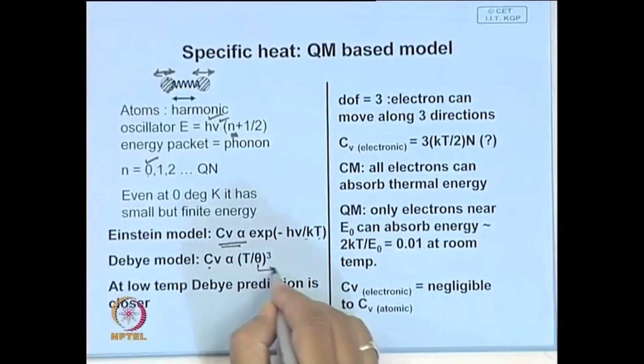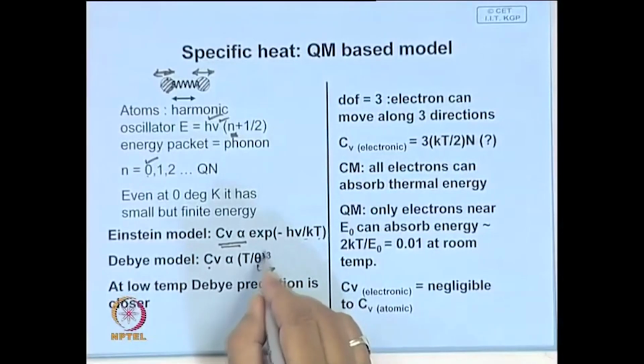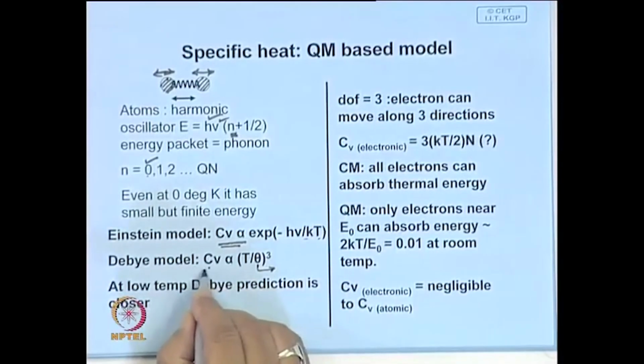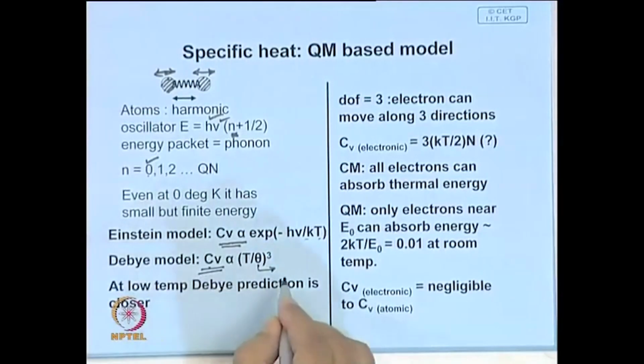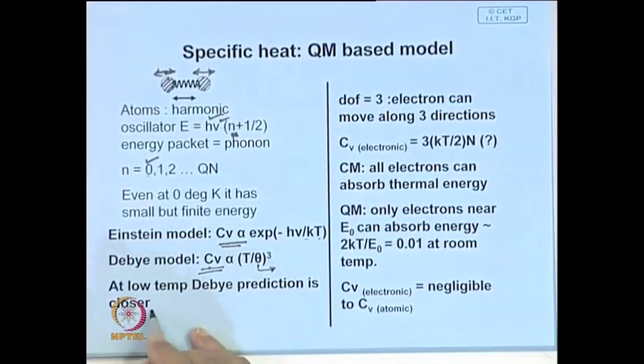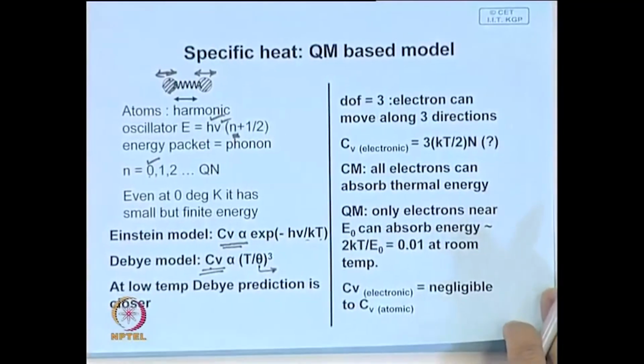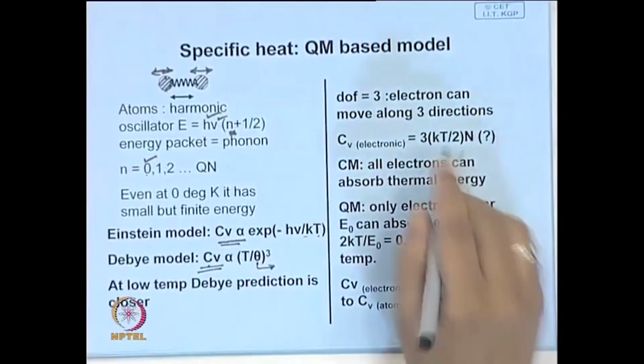This theta is called the Debye characteristic temperature, and above this characteristic temperature, the molar specific heat obtained from classical mechanics and quantum mechanics are the same. At low temperature, the Debye prediction is closer to the experimentally determined values. And this, I think, we went through.